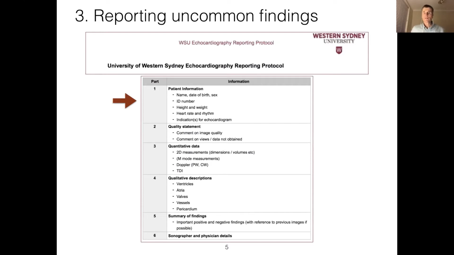Well, if this is the ideal structure of a report, one of the things I just want to remind you of is the fact that it's really important to get patient information right.